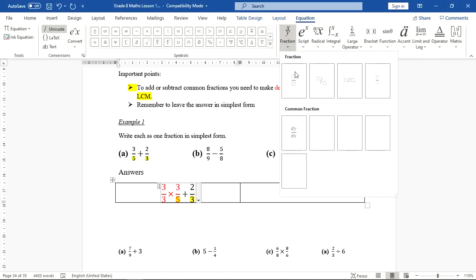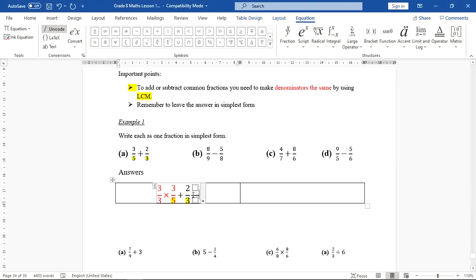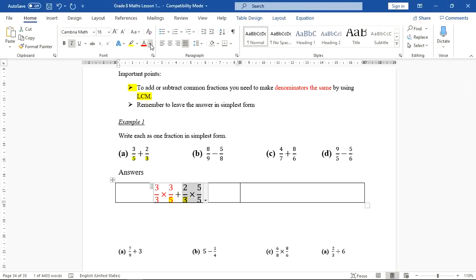I'll also multiply 2 over 3 by another fraction, and that fraction will allow us to have the denominator of 15. So I'll multiply by 5 over 5. To make things easier for you, I'm going to color these blue. The one in red I multiply, the one in blue I also multiply.